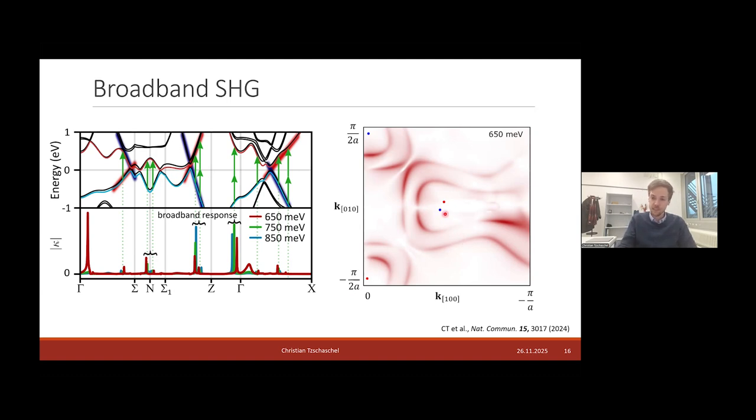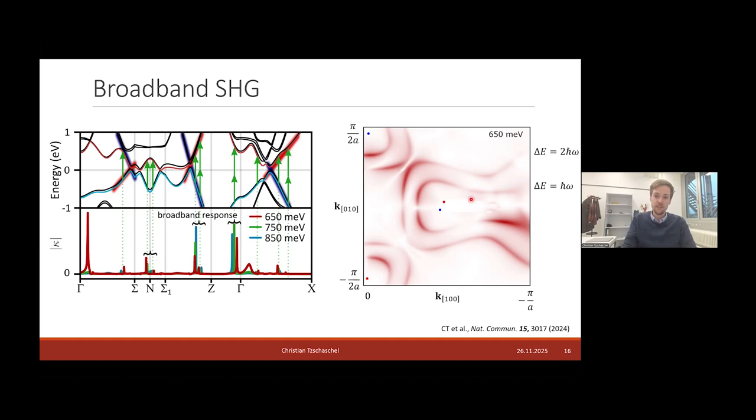We can see that around the Weyl points are two lines. They're hugged by two lines, which we can understand. The inner line is the line where the transition is resonant at the fundamental frequency, h bar omega. The outer line is the line where the transition is resonant with 2 omega.